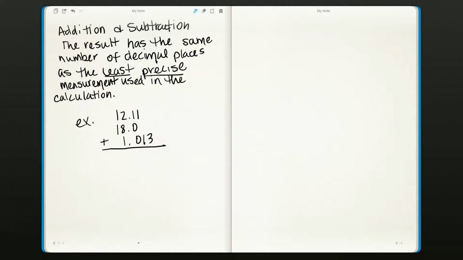So remember that less decimal places means that it's less precise. So in this case, 12.11 has 2 decimal places, 18.0 has 1 decimal place, and 1.013 has 3 decimal places. So in this case, 18.0 is our least precise.